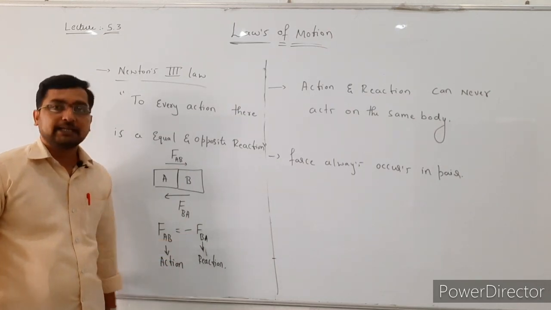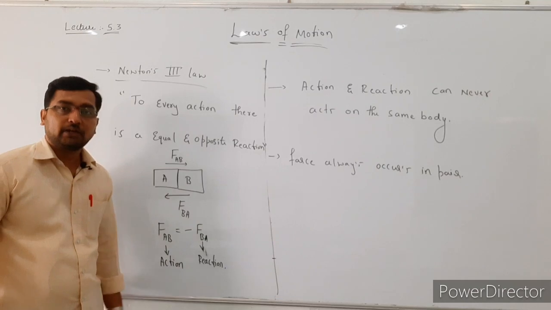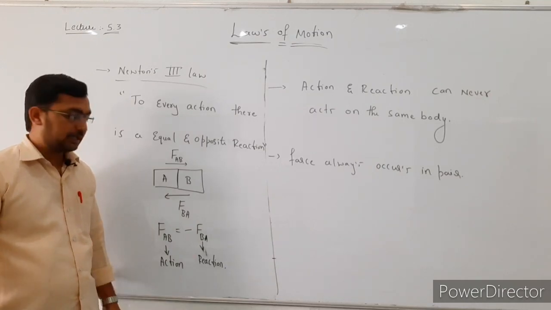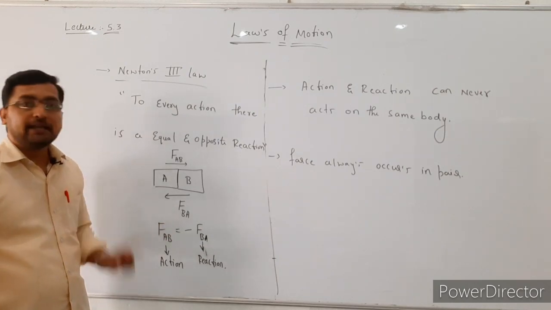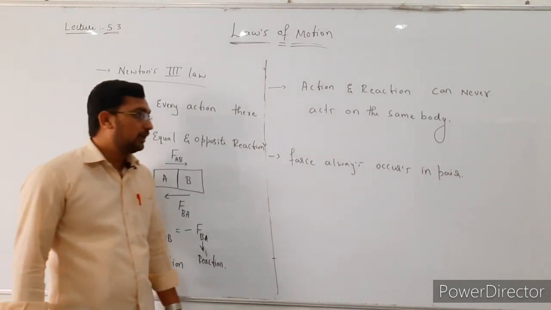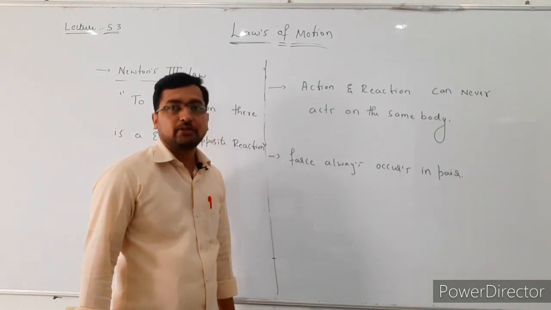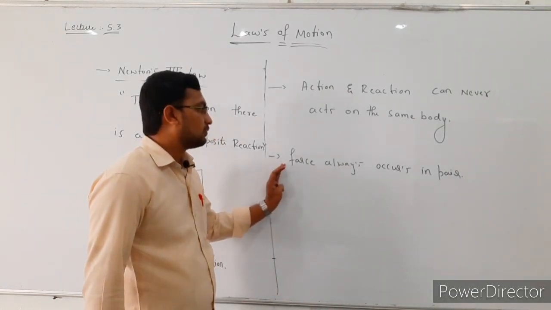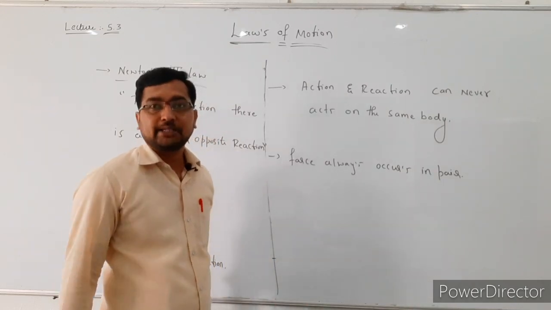This minus sign indicates that the two forces are equal in magnitude but opposite in direction, and we consider this the action force and this the reaction force. The action and reaction forces can never act on the same body, and force always occurs in a pair, that is an action reaction pair.